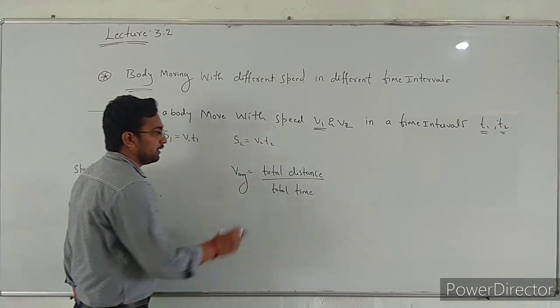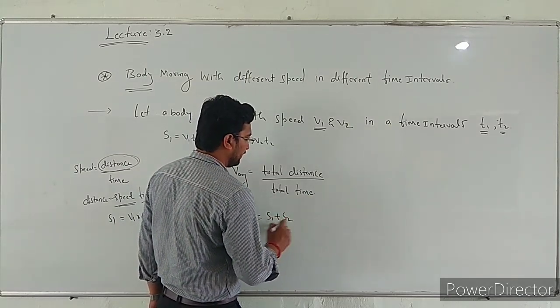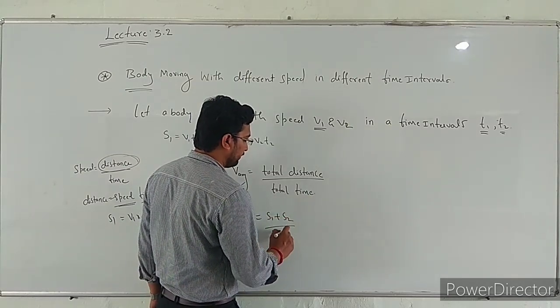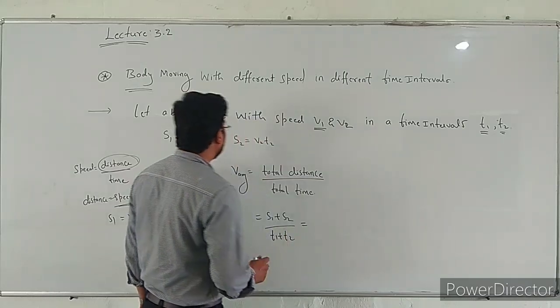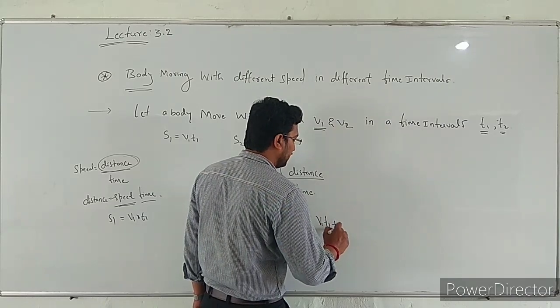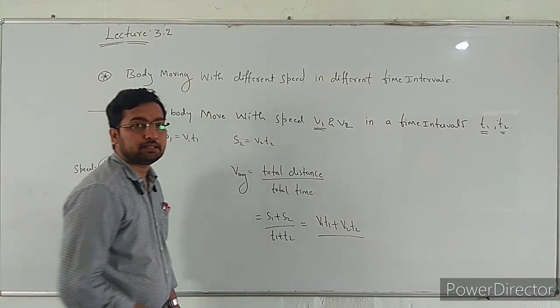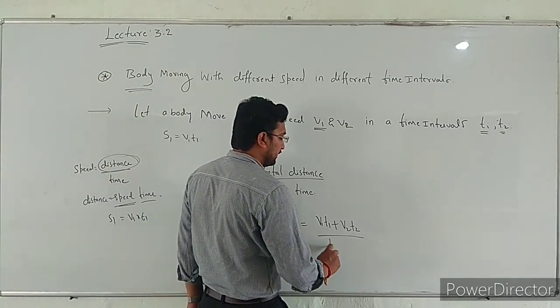Substituting, the total distance is S1 plus S2, divided by the total time T1 plus T2. So the average speed is V1 T1 plus V2 T2 divided by T1 plus T2.